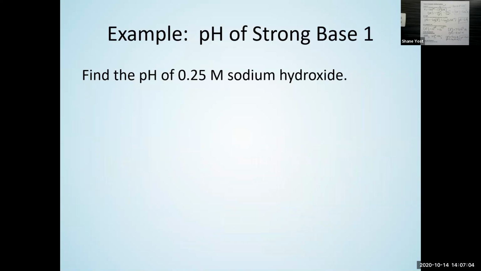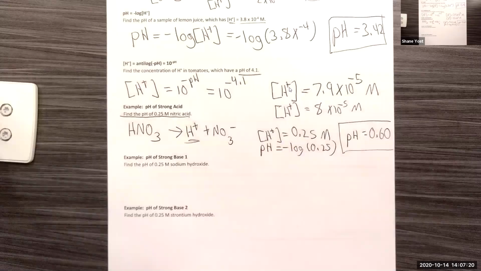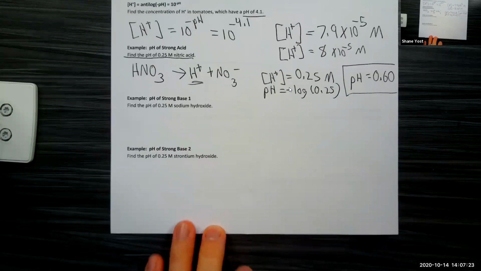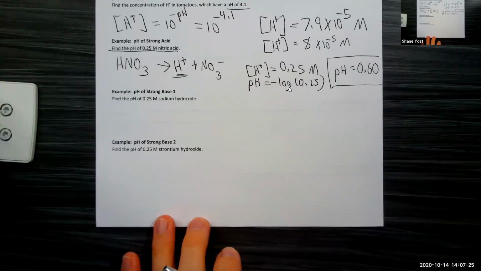So let's pretend I have a 0.25 molar solution of sodium hydroxide. Let's find out the pH of that solution. It's on the handout here.